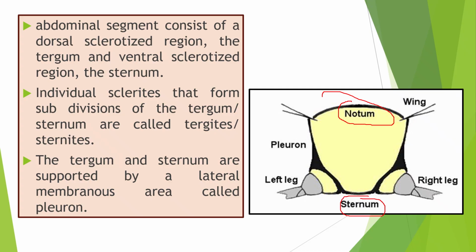The individual sclerites that form a subdivision of the tergum or sternum are called tergites or sternites. This tergum as well as sternum are mainly supported by the lateral membranous region called pleura. This pleural region is mainly found in the thorax region, but in the abdominal region, it is reduced or absent.